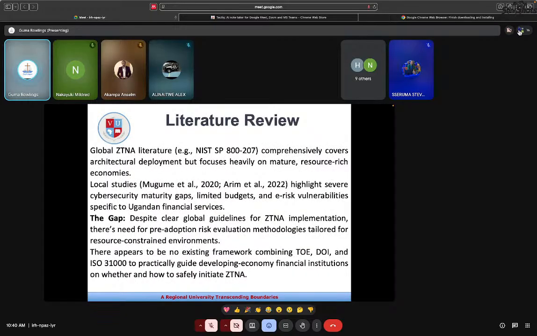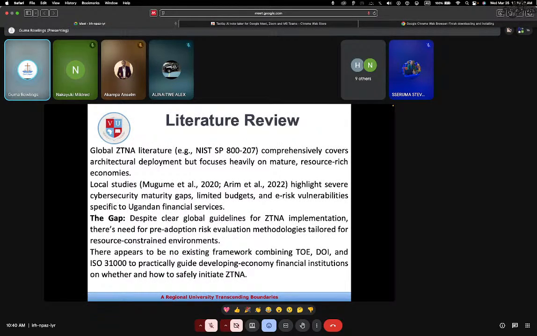So here I have the literature review. Globally, for ZTNA, there's a NIST paper, the one that actually defines ZTNA, ZTA. It comprehensively captures architectural deployment, but its main focus is on the mature, resource-rich economies of the first world countries, as I earlier alluded.